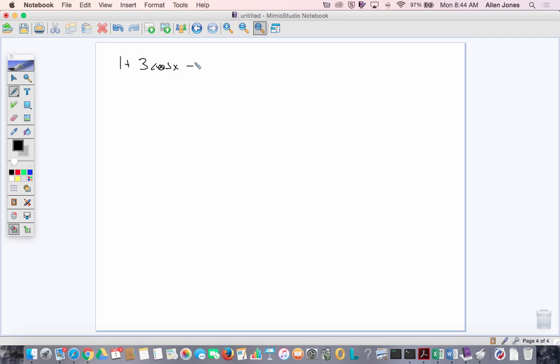1 plus 3 cosine minus 4 cosine squared over sine squared is going to equal 1 plus 4 cosine over 1 plus cosine.